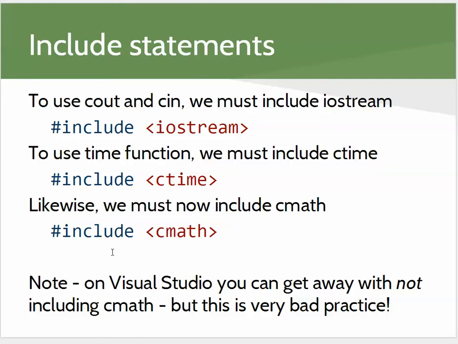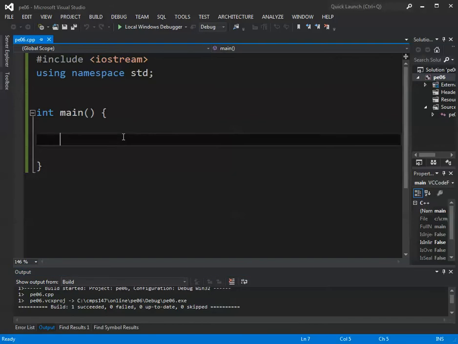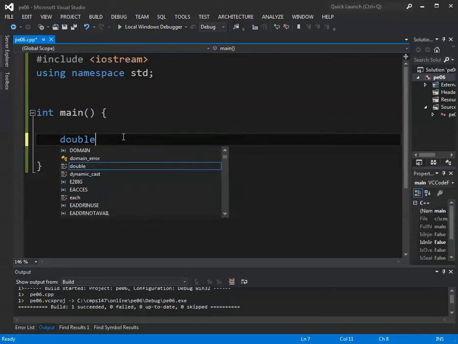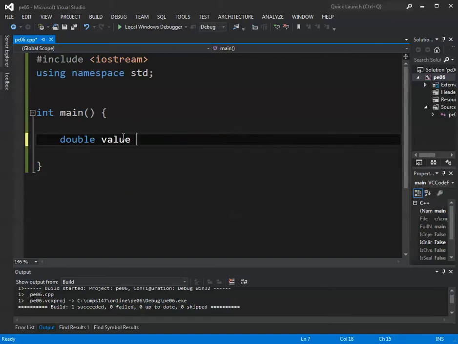So let's just switch over and write a couple of little examples just to test this out. I'm going to experiment a bit with the power function. I'm going to have, let's just say value equals power of, and let's do 3 raised to the third power.